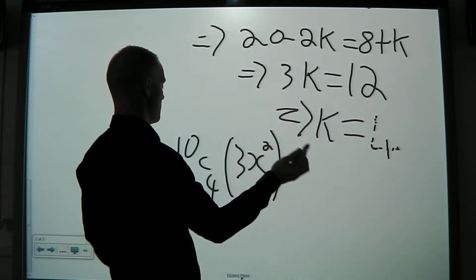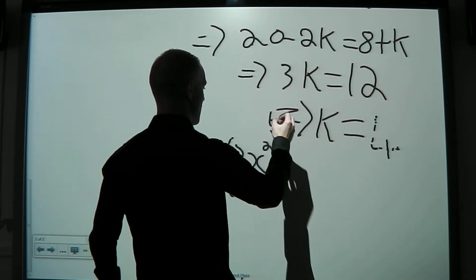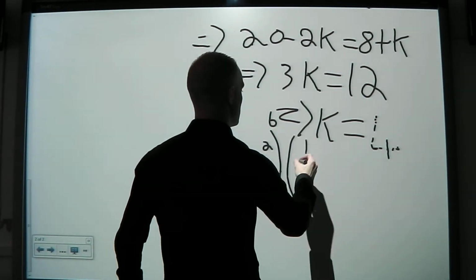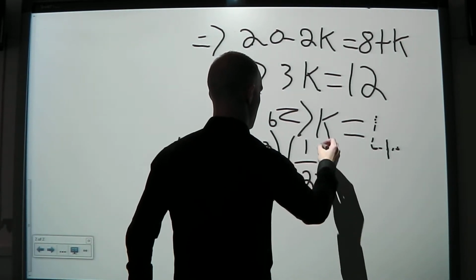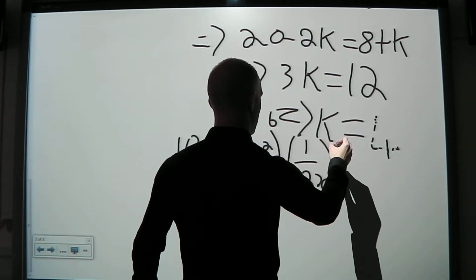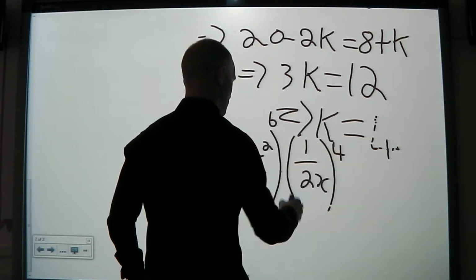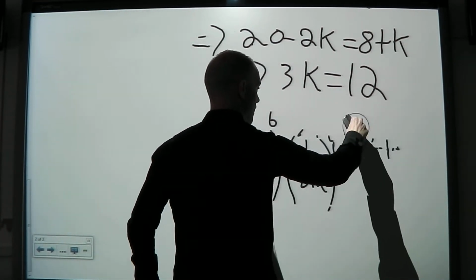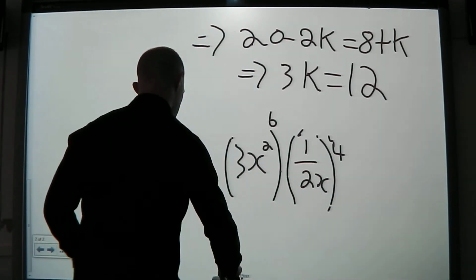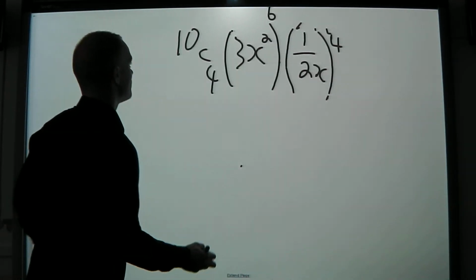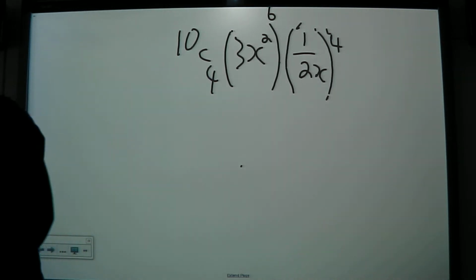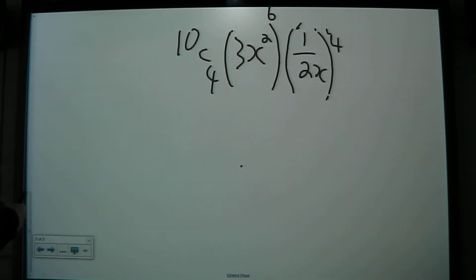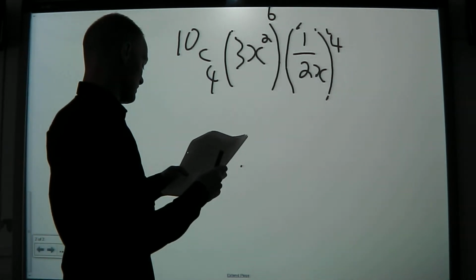Remember it's 10 minus 4 here, so it's 6, times 1 over 2x to the power of 4. You know k is equal to 4. So basically we have to work this out, 10C4 times that.